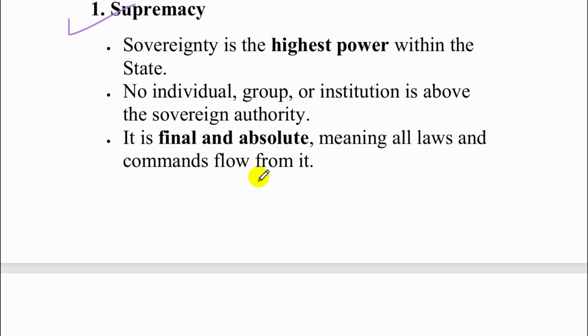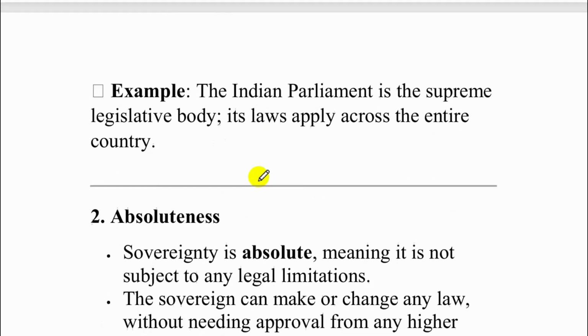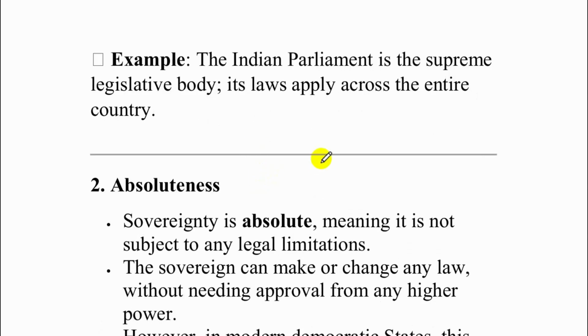Government represents the state. State is absolute, and the will of the state happens through the elected government. The Indian Parliament is the supreme legislative body. Its laws apply across the entire country.